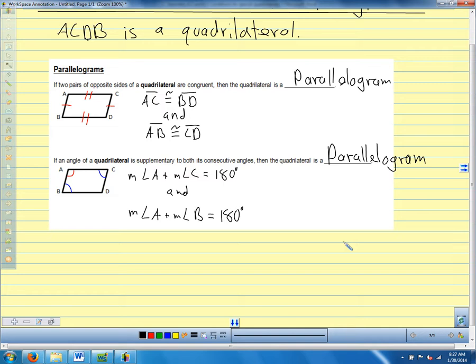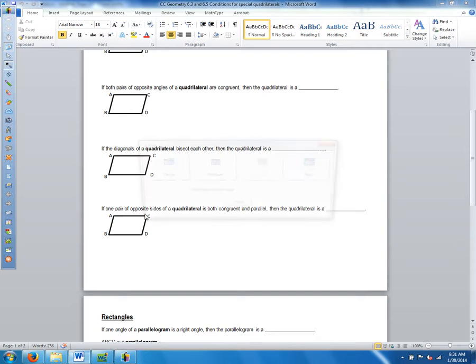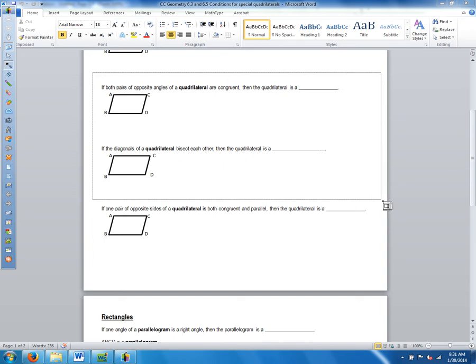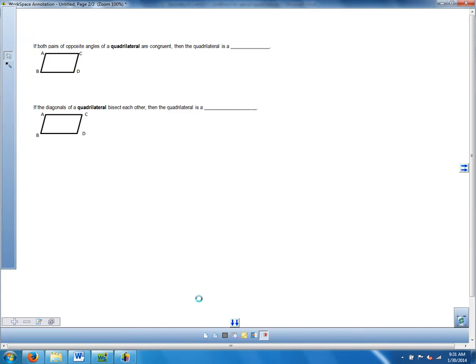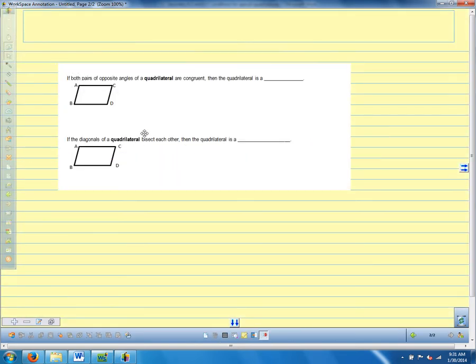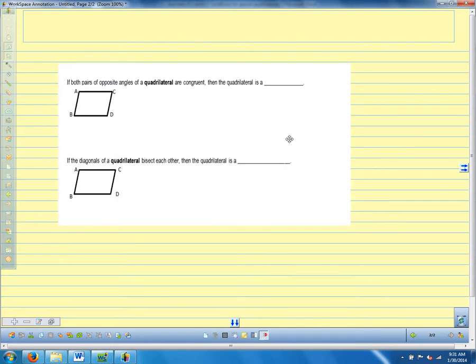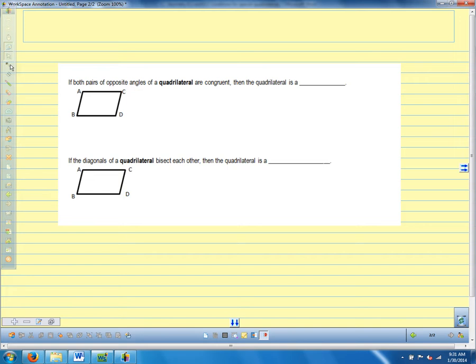Okay, let's look at the next one. And again, this is at the top of your page. I'm just going to write it again because it's not at the top of this one.